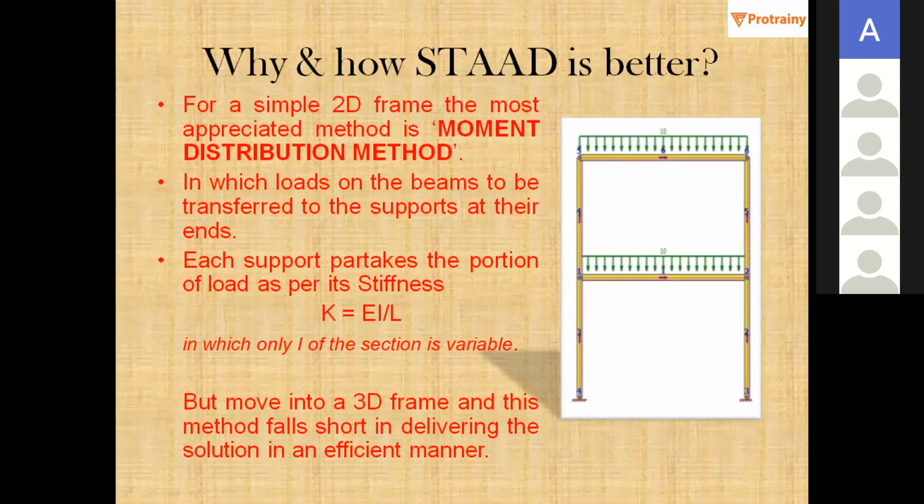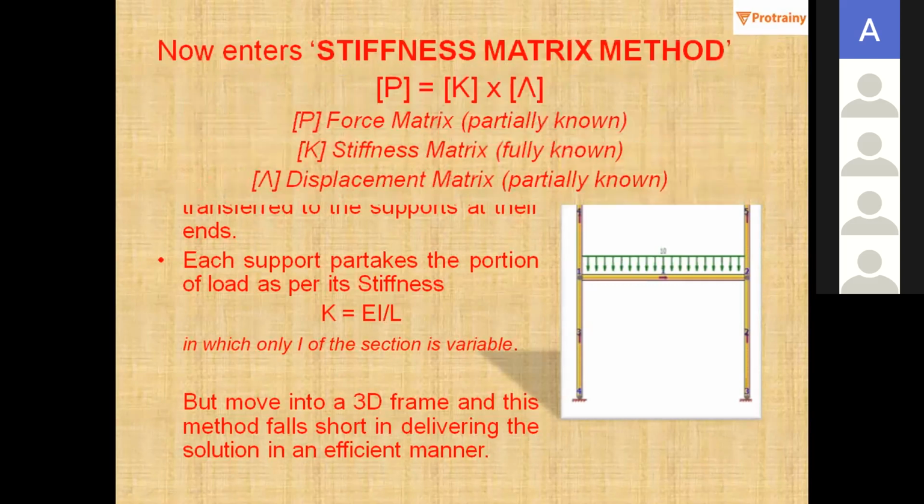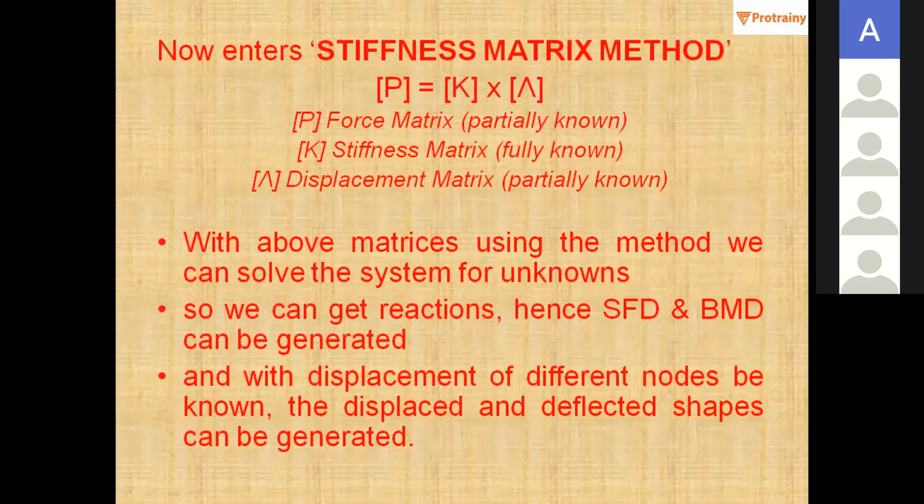Now, what will we do if there is a 3D frame? For that, you have the stiffness matrix method. I'm not sure if this method is in your curriculum up to BTech. It was in our curriculum. Okay, fine.